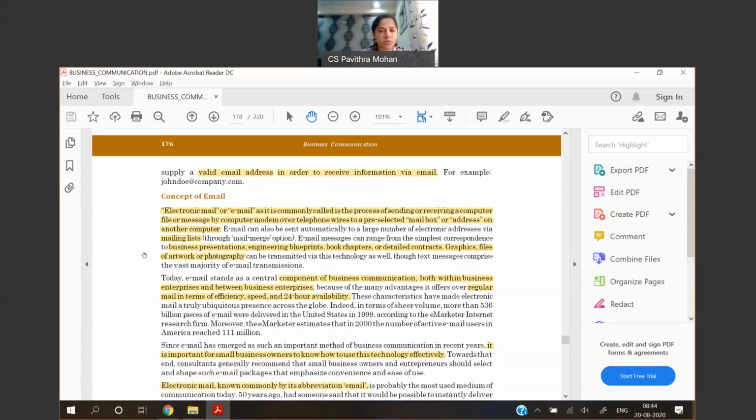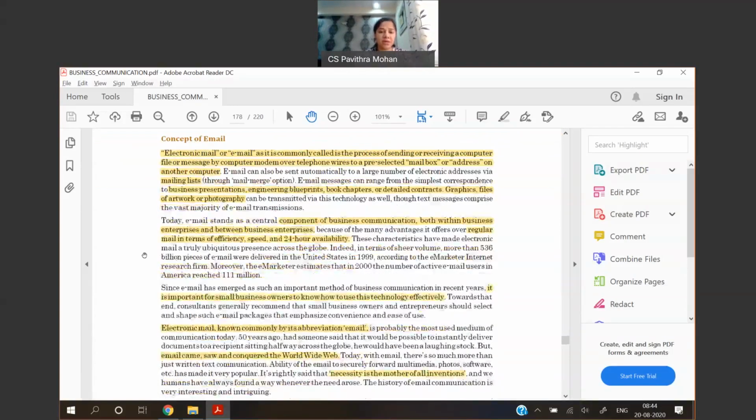Then the concept of email. What is the importance of email, or how does it basically work? Email is the process of sending or receiving mails, files, data, messages through a computer modem which is connected to the telephone line or telephone wires to a pre-selected mailbox or address, from one computer to another computer.